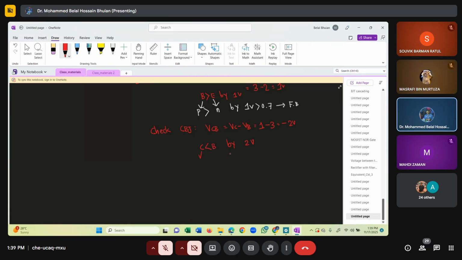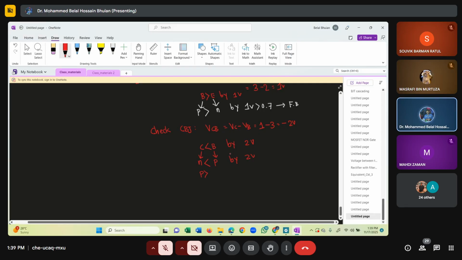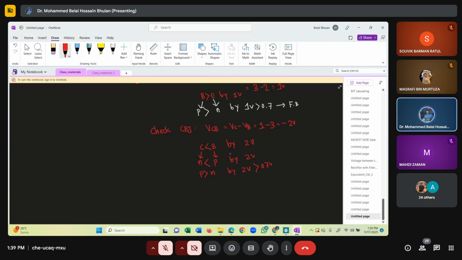So next, check what types of material. The collector is our N type material, the base is P type material. That means N is smaller than P by 2 volt, or P is bigger than N by 2 volt, which is clearly greater than 0.7 volt. So that means the CBJ is also forward biased.